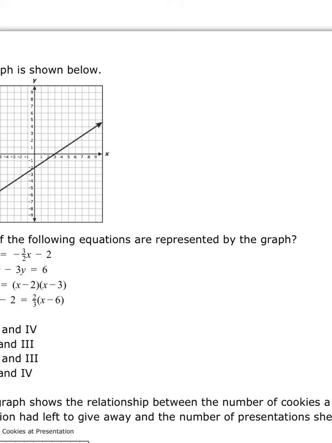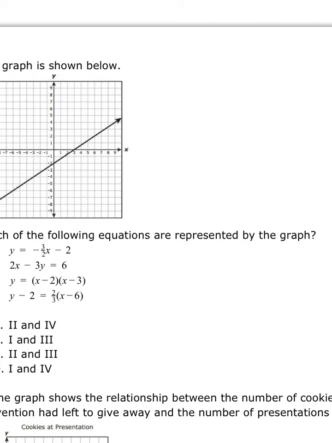Does that match what we have? No. So it can't be 1. All right, what about 2? So I'm going to start over. Delete. Tab. But this is in standard form. How can I graph something from standard form?